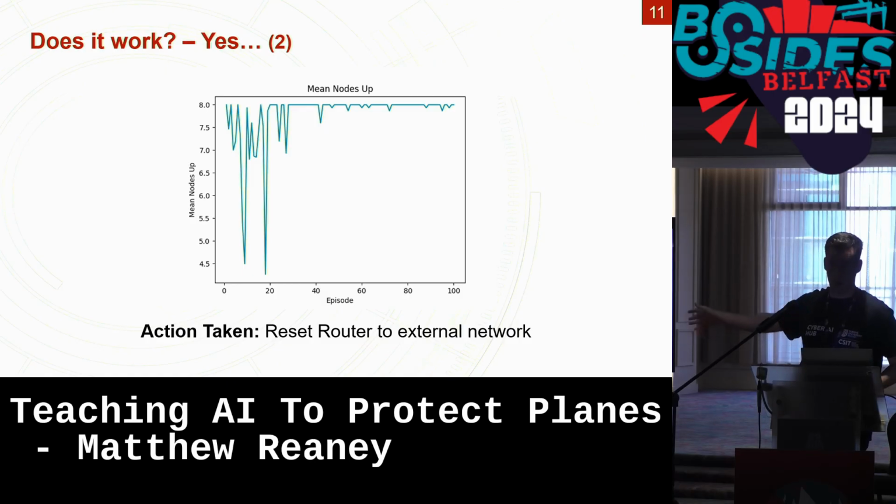It's resetting the router that is the external network, or how you gain access from the external network. In doing that, it puts the firewalls back up that the adversary had taken down during his attack, which has sort of stopped him from getting in and getting any further. So it does eventually come to a solution that is good.